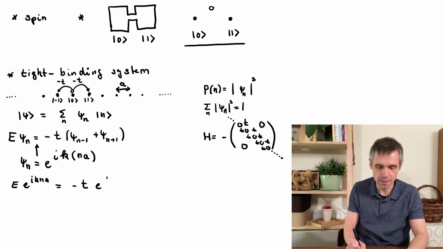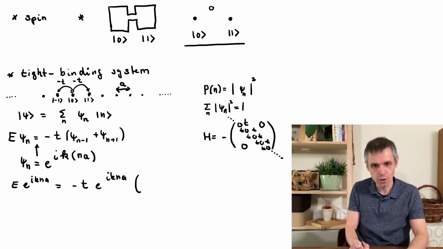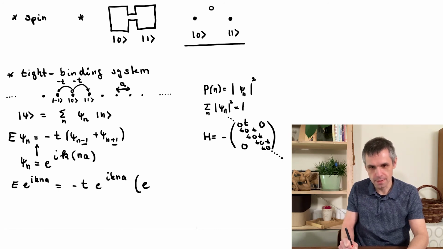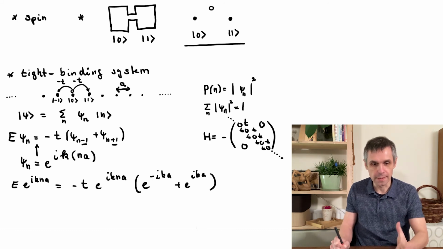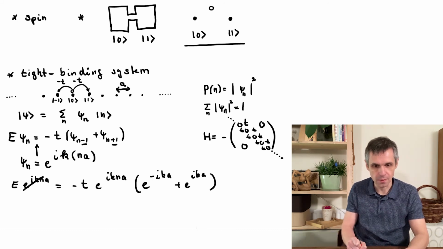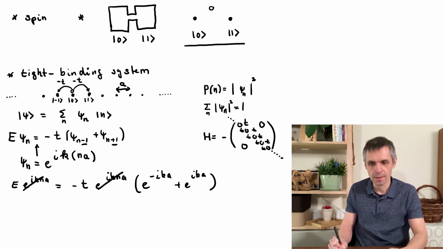So we factor this out. And then we get some additional contributions from this minus 1 and this plus 1. And this just becomes e to the minus ika and e to the plus ika. So we can cancel these common factors and read off the energy immediately. So this can be written as minus 2 times t times cosine ka.